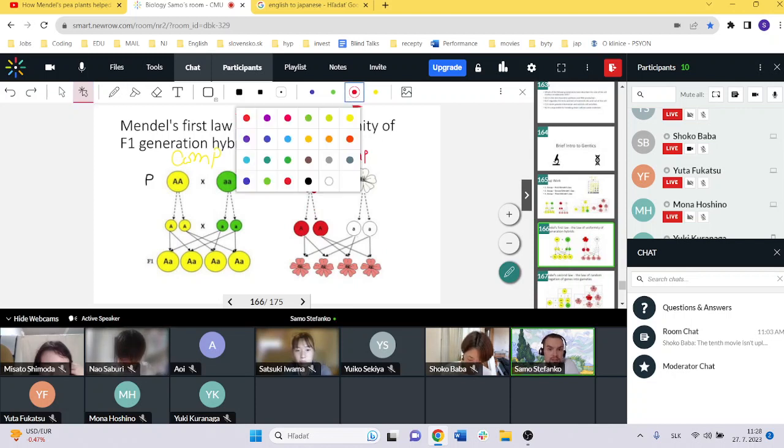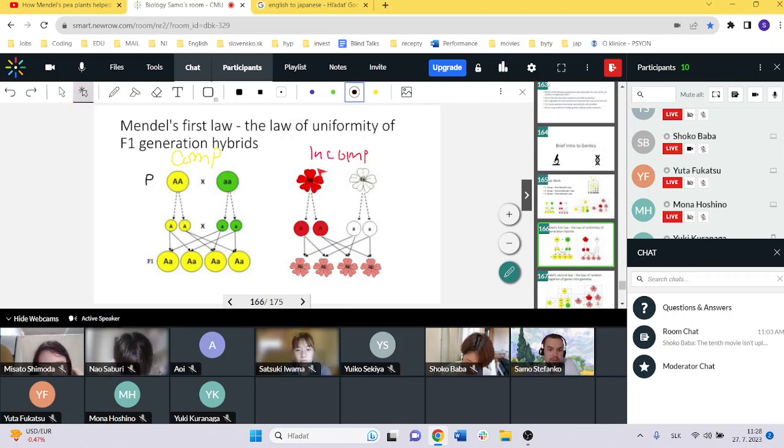But the genotype is also the same as we have in the first filial generation on the left side. So heterozygous are here.